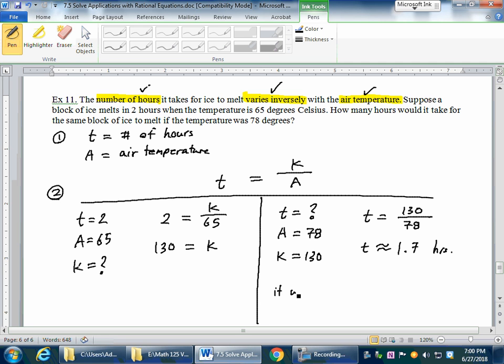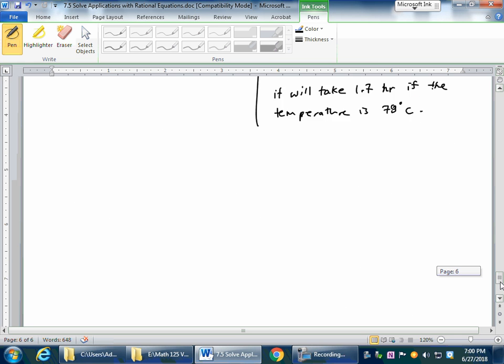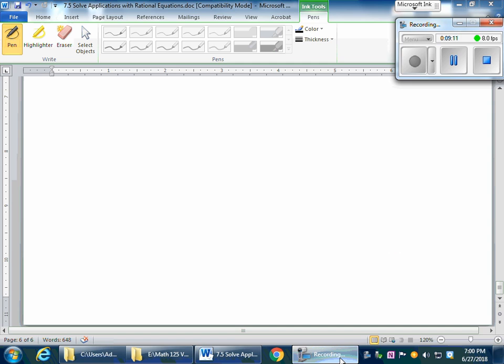It will take 1.7 hours if the temperature is 78 degrees Celsius. And this will conclude this session.